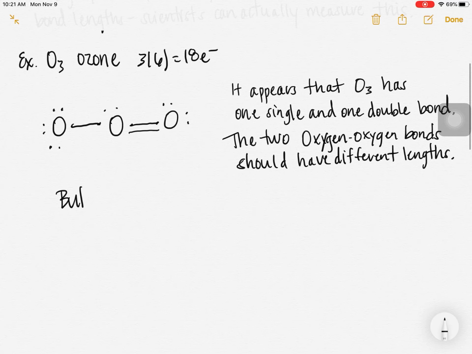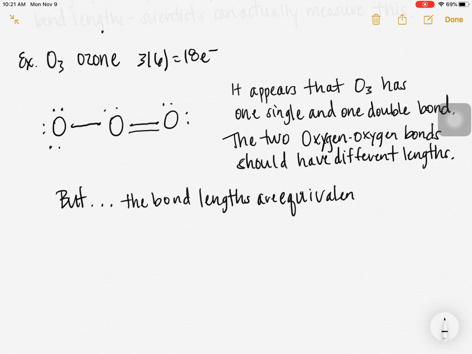However, when scientists measured the bond lengths in ozone, they found that they are equivalent. And that was a surprise for them, because they said, wait a minute, it sure looks like there's a single and a double bond here, so how can it be possible that the bond lengths are equivalent?